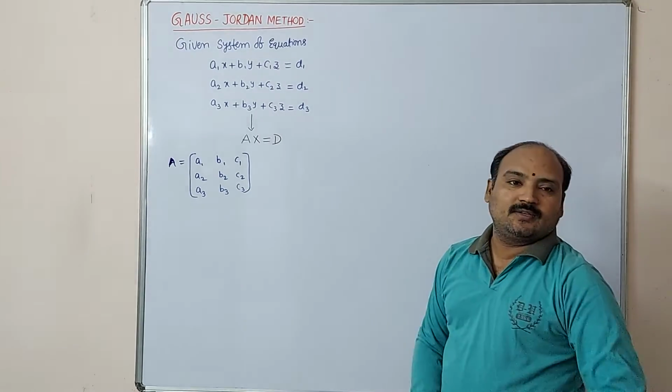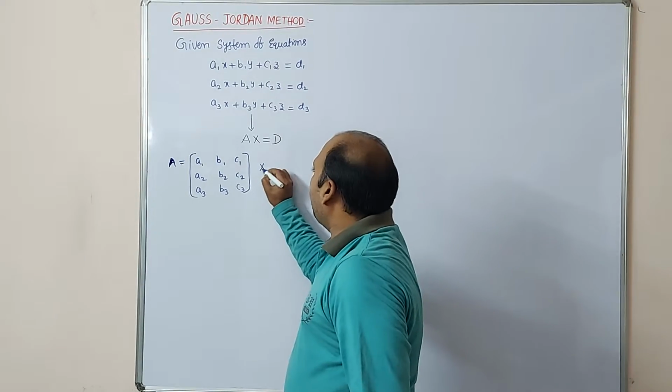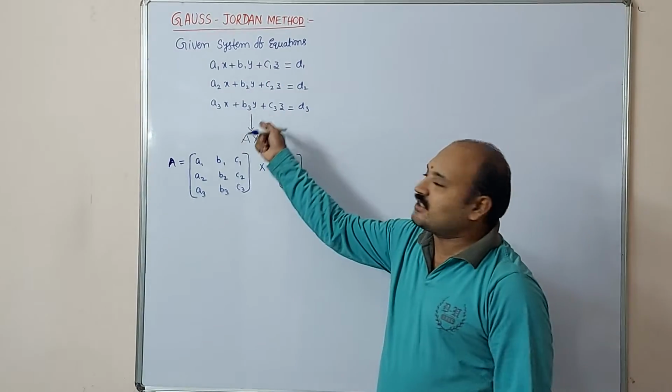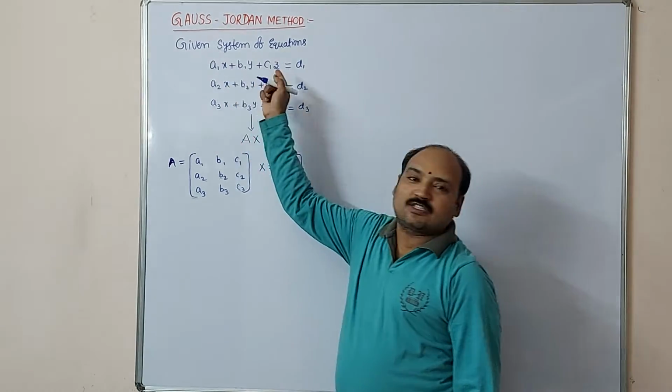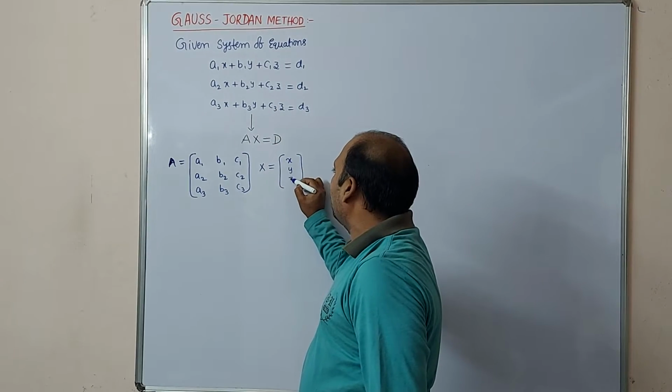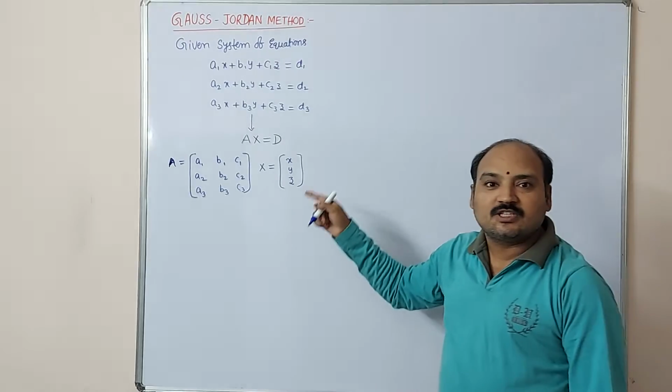This is A. Capital X is the solution matrix. It contains the unknown values, so capital X equal to small x, small y, small z. This is the solution matrix.